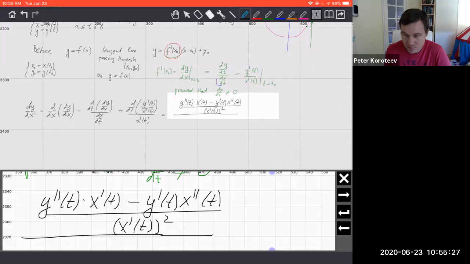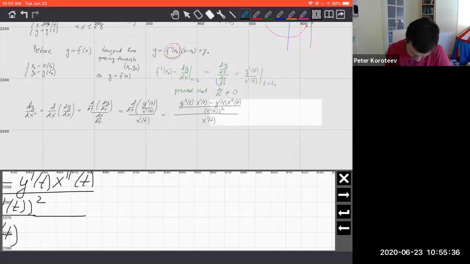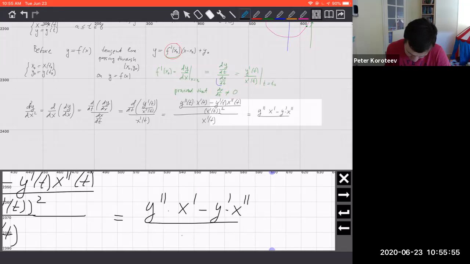So I have completed the differentiation of the numerator, and then I just paste in the denominator x prime of t. And then I can simplify it by just moving the denominator of the numerator down. So it will look like this: y double prime, I'm going to suppress t, the argument, to make the formula look a little shorter, over x prime cubed.